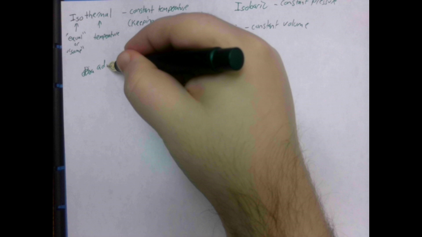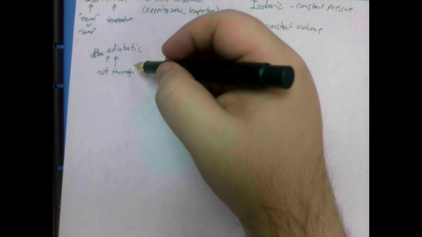And batic comes from batos, meaning passable. So basically it means impassable. What this means is no heat in the context of thermodynamics. No heat is removed or added.